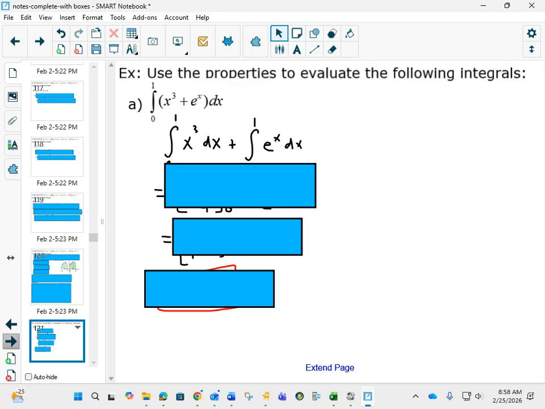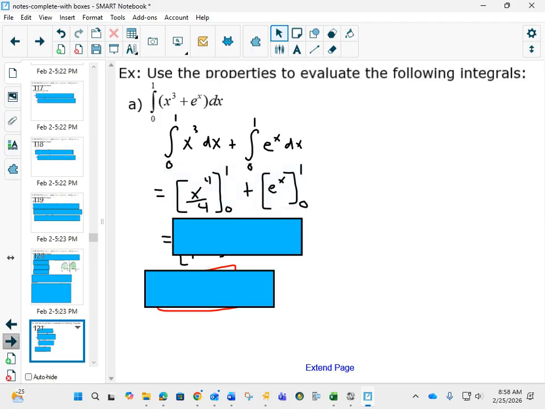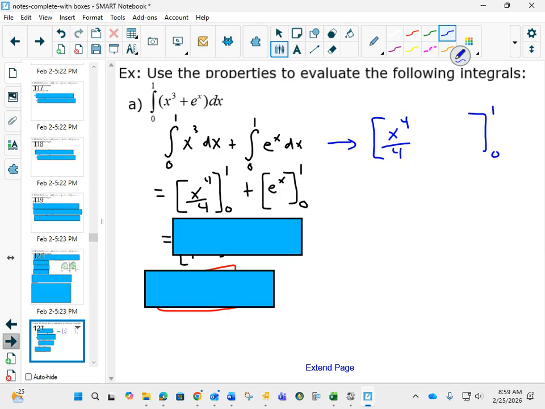So, whereas here I wrote it separately and then did each of these, moving forward, you will probably go right to the square brackets right away and go from 0 to 1 and have x to the 4 over 4 and e to the x.